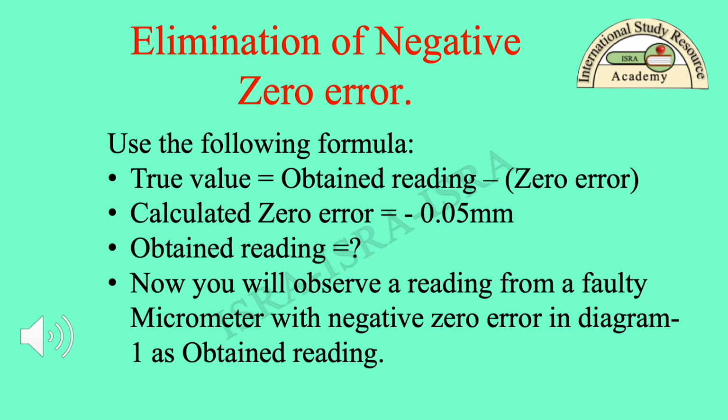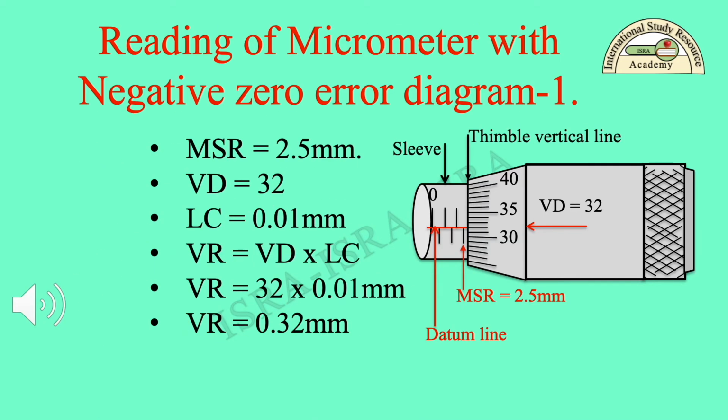Now you will observe a reading from a faulty micrometer with negative zero error in diagram 1 as obtained reading. Reading of micrometer with negative zero error diagram 1. Main scale reading MSR is equal to 2.5 mm. Vernier division VD is equal to 32.